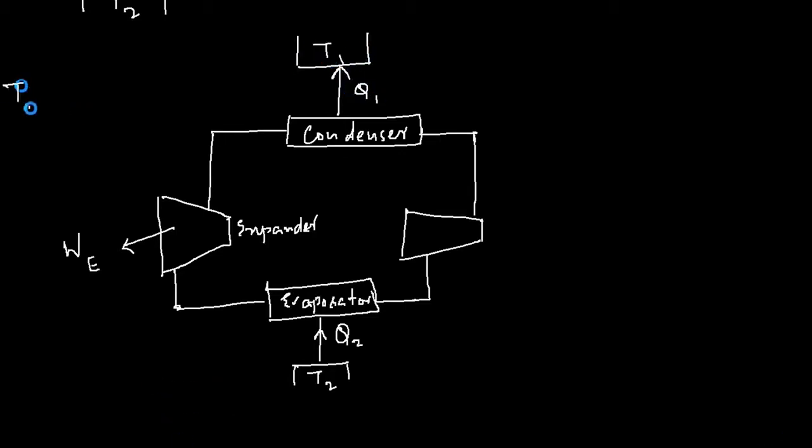The condition is T1 greater than T2. Now we have the expander here and the compressor here. It's the same cycle. Flow is like this. Because it's a compressor, it will take a work input, so you will need to give a compression work here.